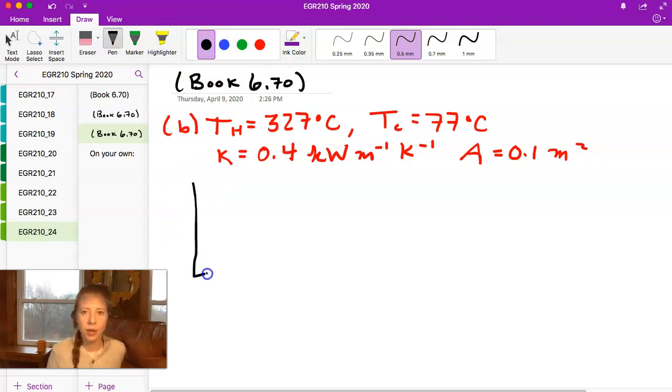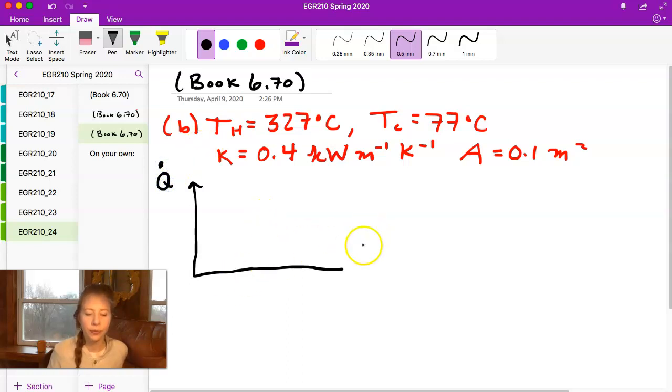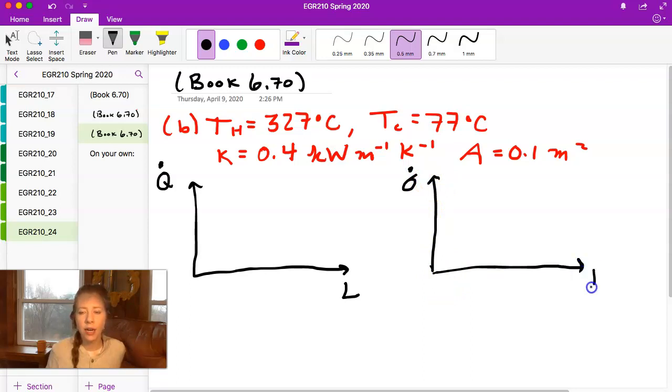So what we're trying to plot is, we have two plots. We're going to have Q dot, the rate of conduction, against L, and we're also going to want the rate of entropy production, sigma dot, against L. So it's like, how does this vary with an increasing length from 0.01 to 1 meters for L for our rod?